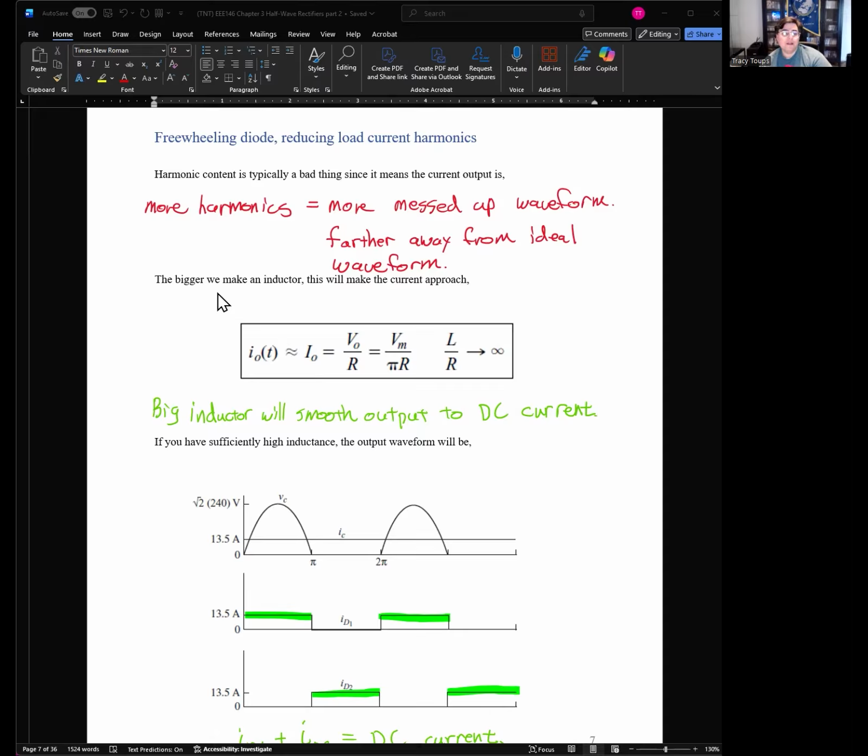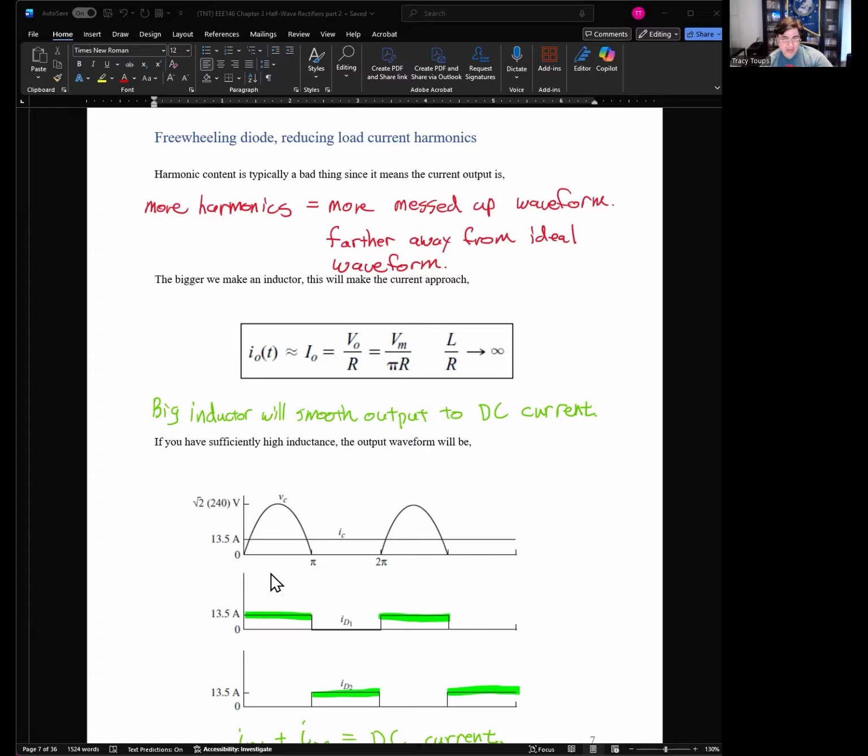So if we make the inductor bigger, it will resist a change in current more. So instead of having big wavy waveforms, a giant inductor will make it very flat. It will have a little up and down, but it's going to be predominantly flat. If we make it big enough, we could pretty much smooth out the output to a near DC level.